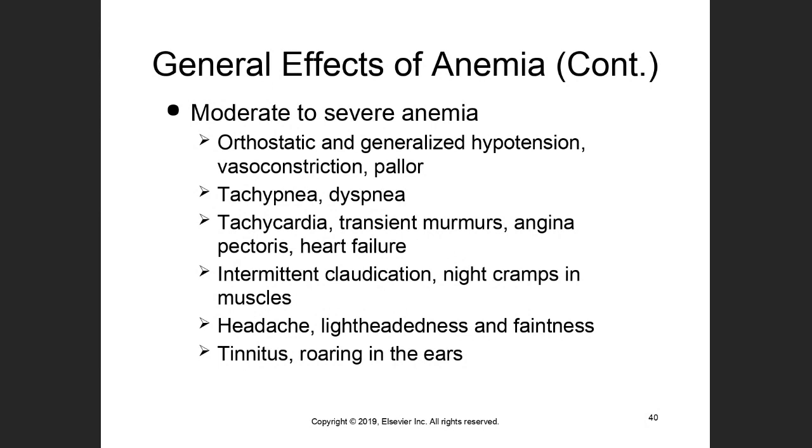Orthostatic is when the patient is in a sitting position, they stand up, and the blood pressure goes down. Okay, that's orthostatic hypotension. That could be because of a problem in the baroreceptor, or most of the time in elderly patients it is due to dehydration.